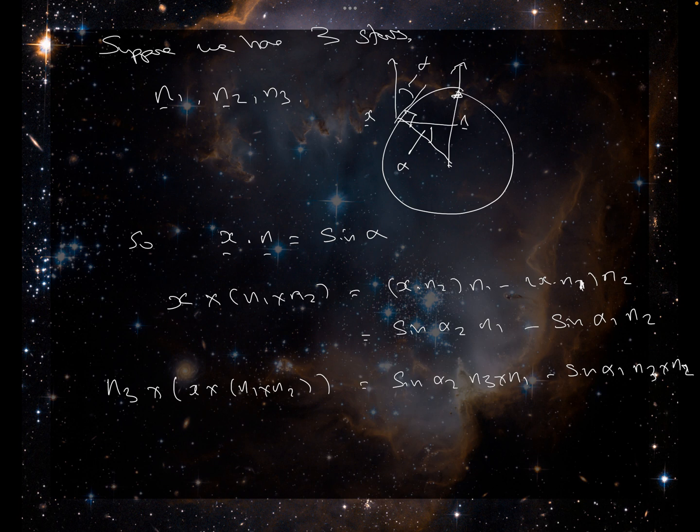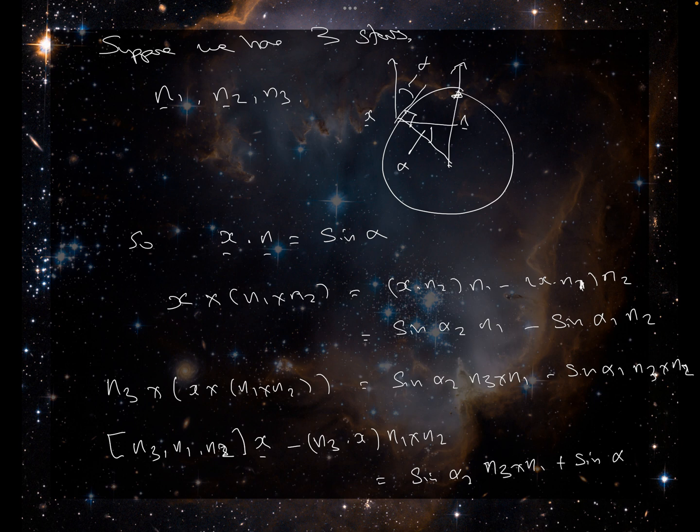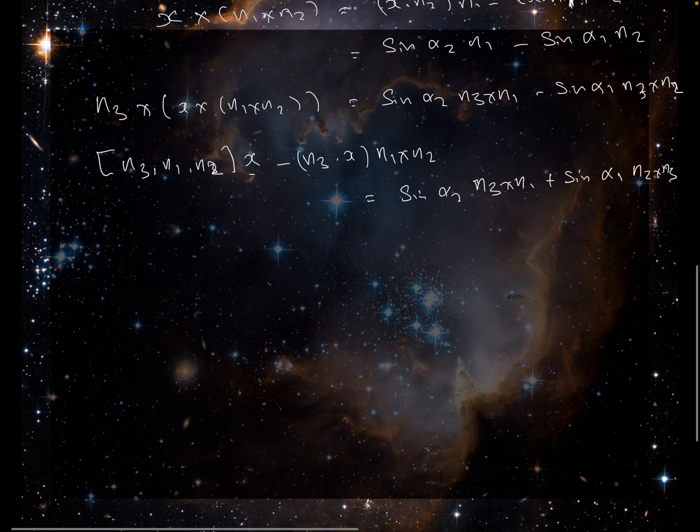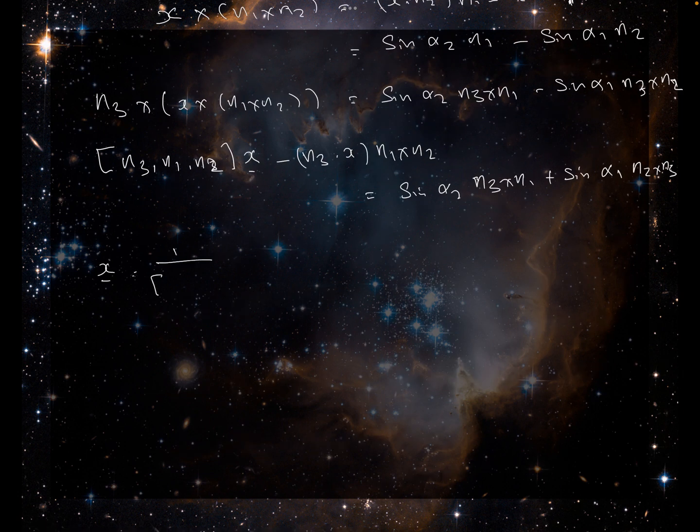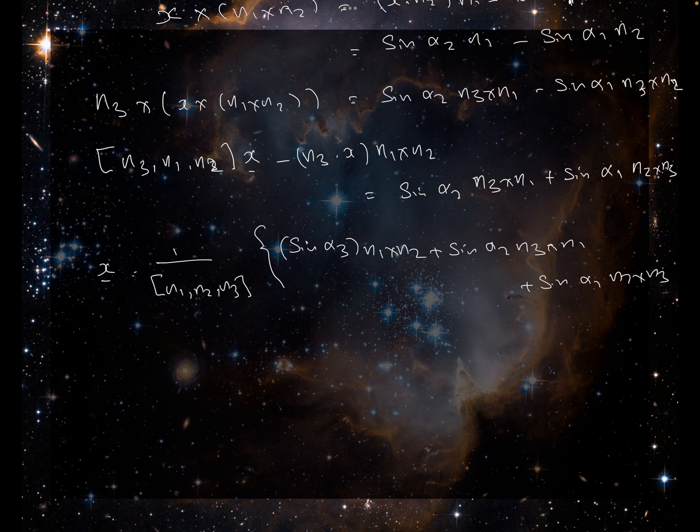From the triple vector product identity, you end up with [n3 n1 n2] times x minus (n3 dot x) n1 cross n2 is equal to sine alpha 2 n3 cross n1 plus sine alpha 1 n2 cross n3. Or in other words, x is 1 over [n1, n2, n3], that's the triple scalar product, of sine alpha 3 n1 cross n2 plus sine alpha 2 n3 cross n1 plus sine alpha 1 n2 cross n3.